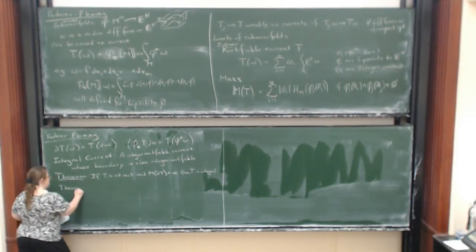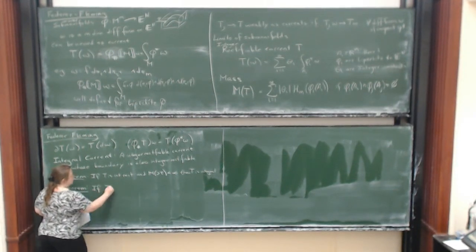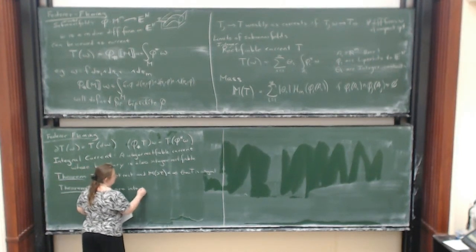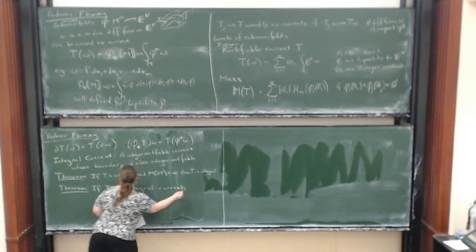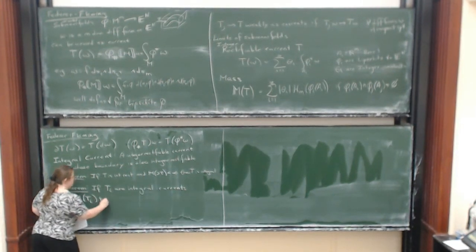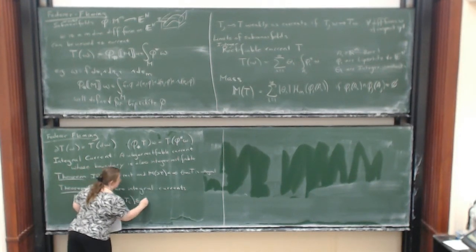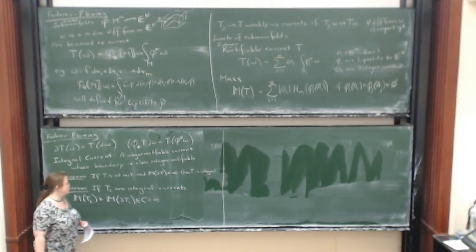so we have their main theorem. The second main theorem is that if T_i are integral currents, and the mass of T_i plus the mass of the boundary of T_i is less than or equal to a constant, less than infinity, then a subsequence converges weakly.